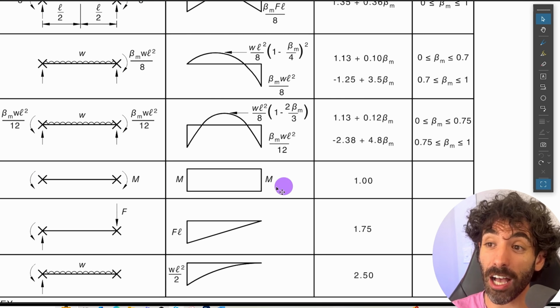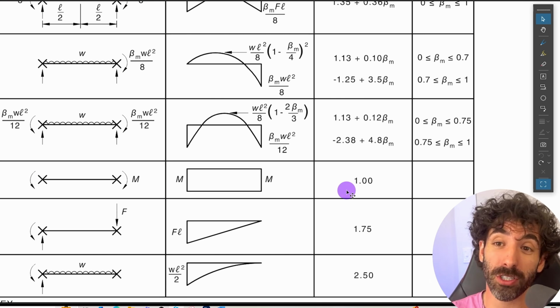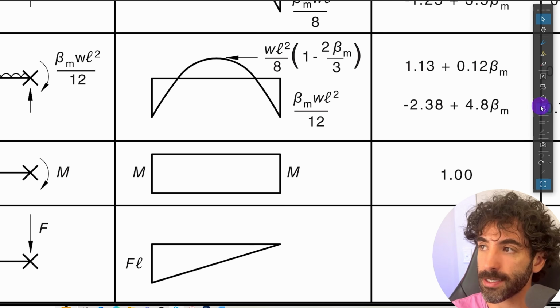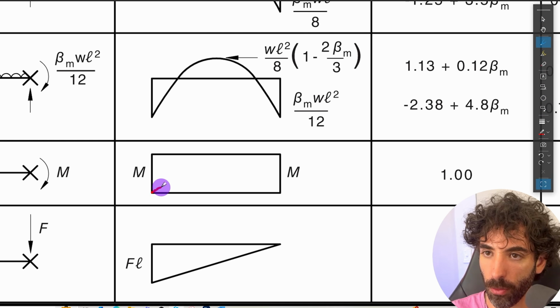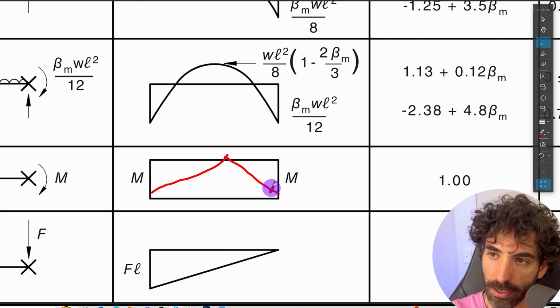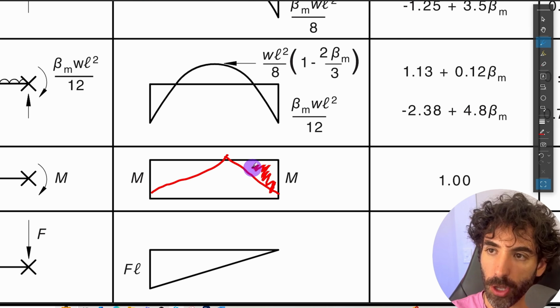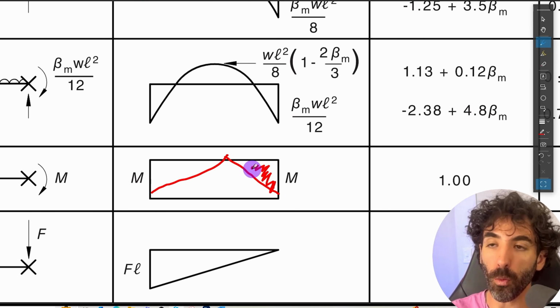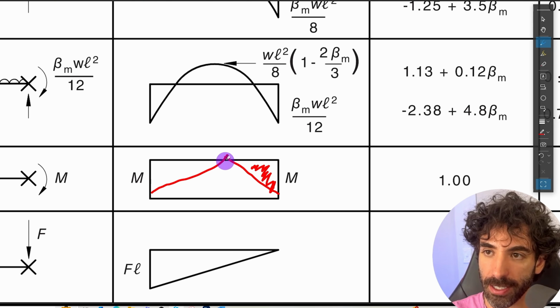And in this case, alpha m is equal 1, which is the worst case scenario. Now in our case, since we have a point load, that means our bending moment shape is like this. So this area is not being fully utilized. The compression flange, it's not working as hard as it is at the mid-span.